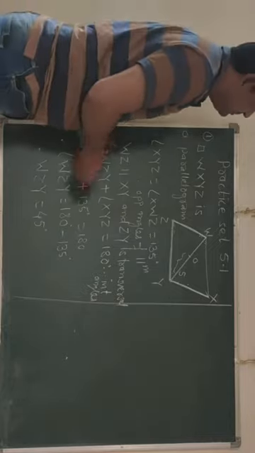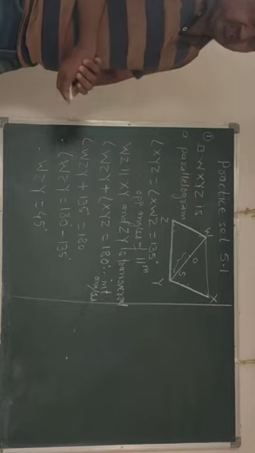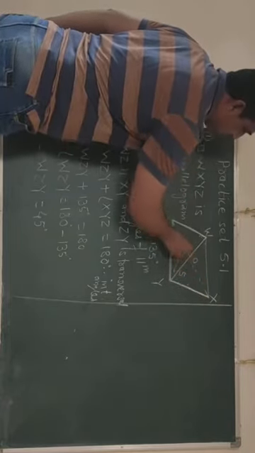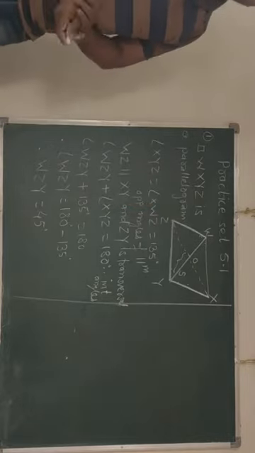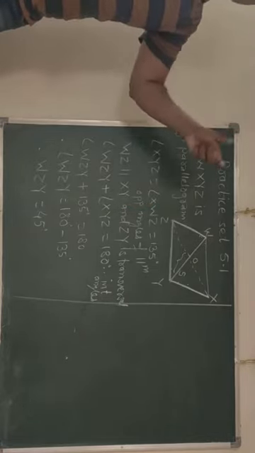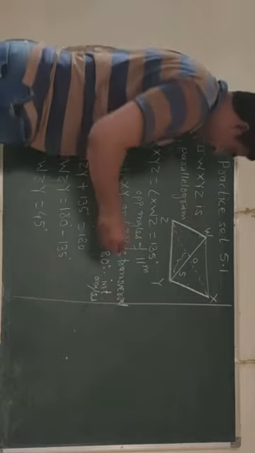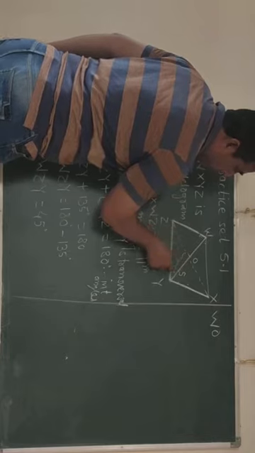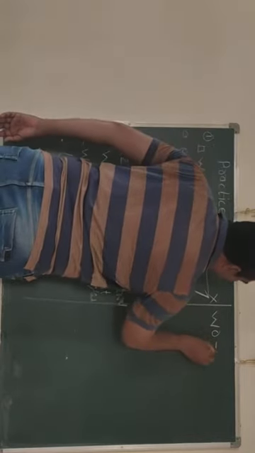As we have studied the property of diagonals, diagonals of parallelogram bisect each other. And using that property, we wrote a formula yesterday. So here WO equal to OY equal to half of WY.